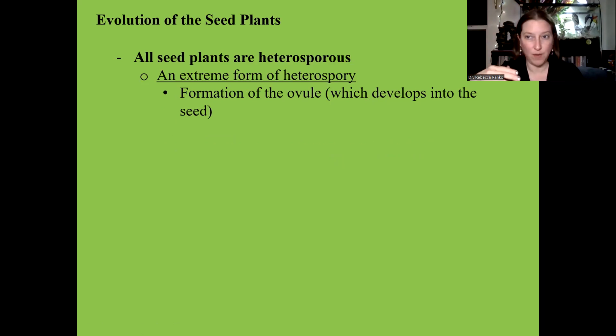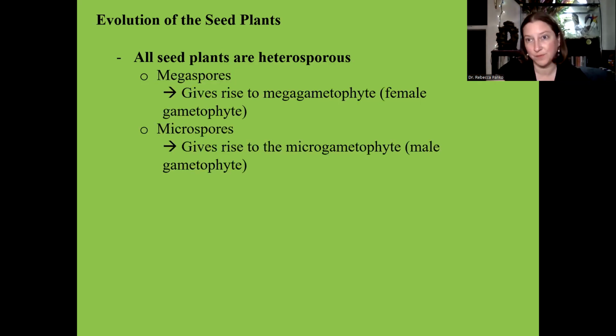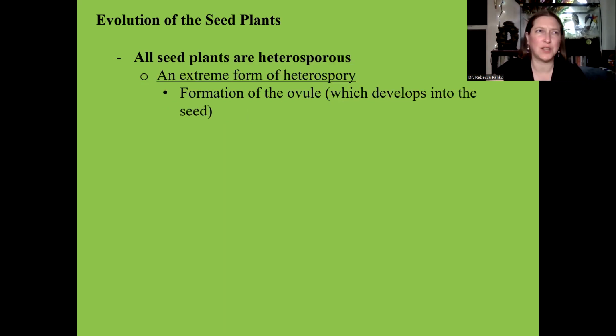And one thing we talked about in that review class was how this heterosporousness is ultimately going to give rise to the seed. It may have actually been in the Selaginella lecture. I can't remember right now which one it was, but we did cover it. But seed plants are all heterosporous, and the seed itself actually results from this extreme form of heterospory, in that we have this ovule, which after it is fertilized will become the seed.